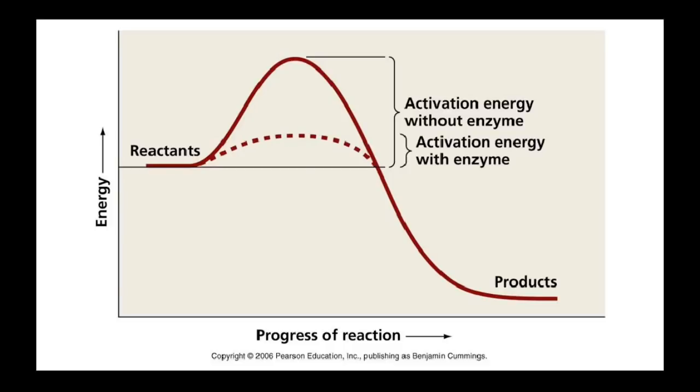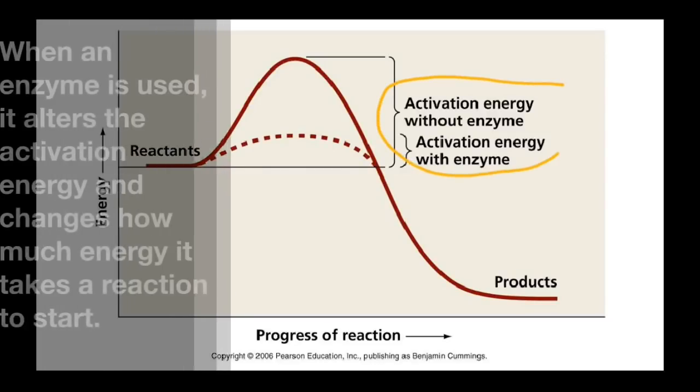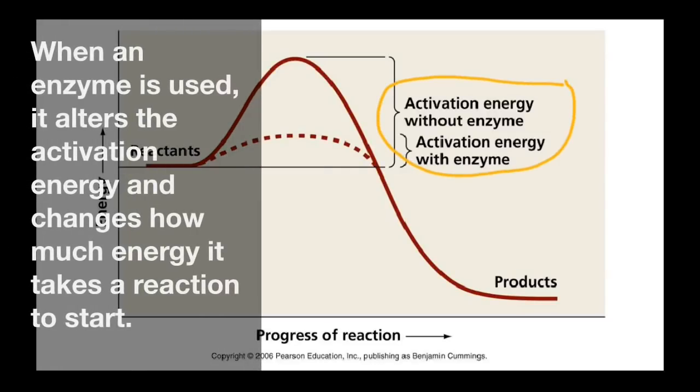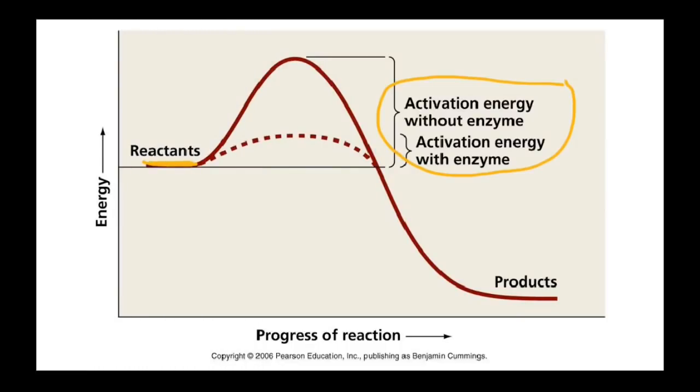So this is actually what is happening when an enzyme is used. It alters this activation energy right here and changes how much energy it takes a reaction to take place. So right here is the energy where the reactants are. This right here is how much energy it takes to start the reaction. And then for this specific exothermic reaction, energy is released.